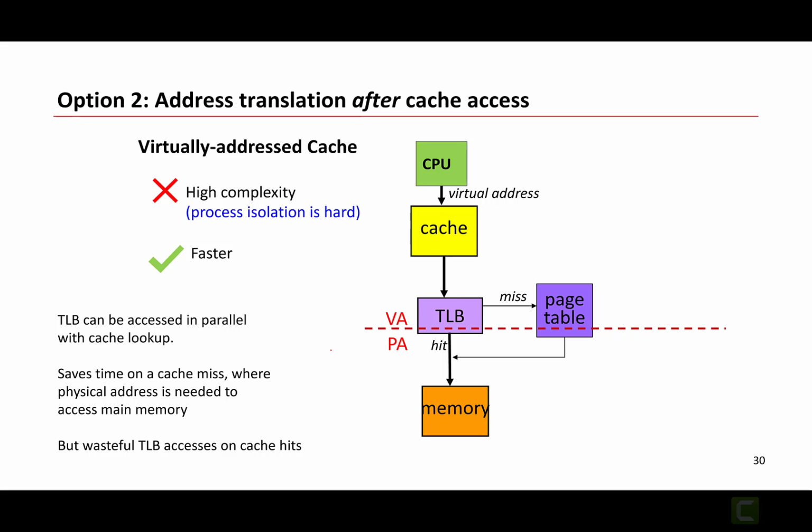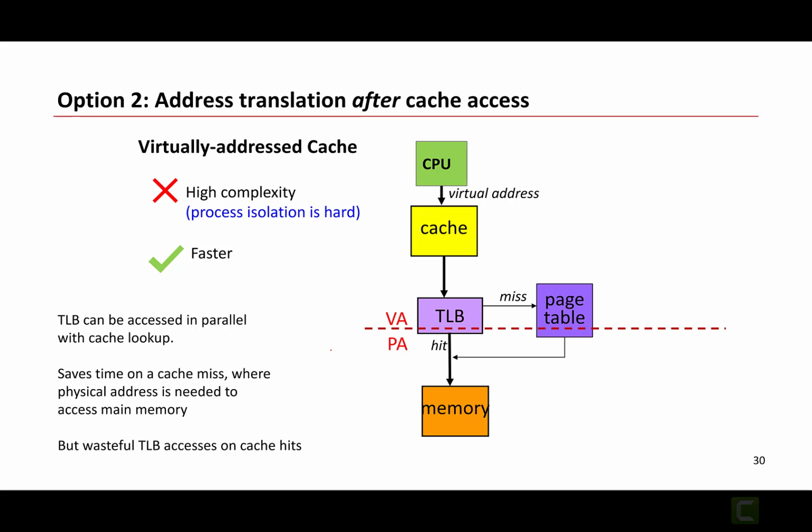So the other detail that I skipped over before, and it's useful to understand, is in the case of a virtually addressed cache, you have a couple of options as far as when the TLB is accessed. The design that we have been talking about is: take the virtual address, access the cache, and do the address translation only on a cache miss.